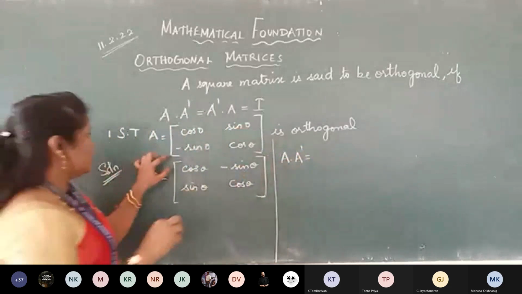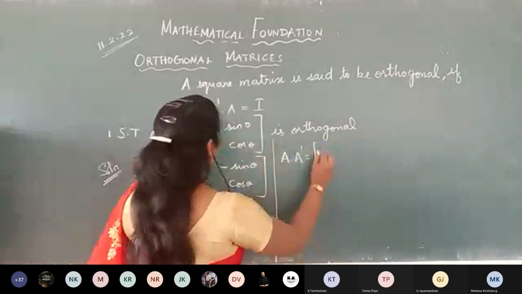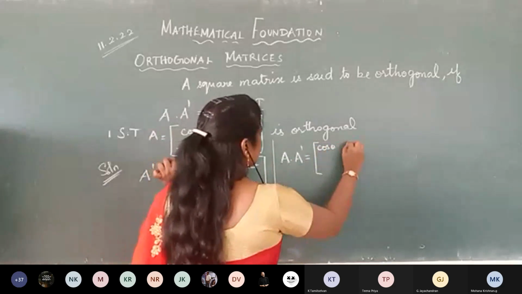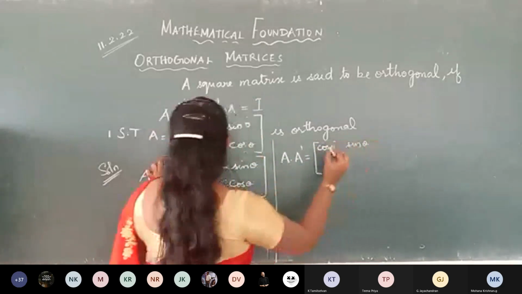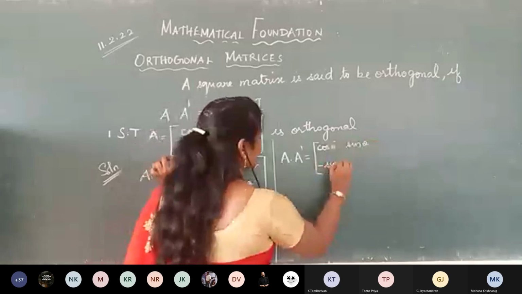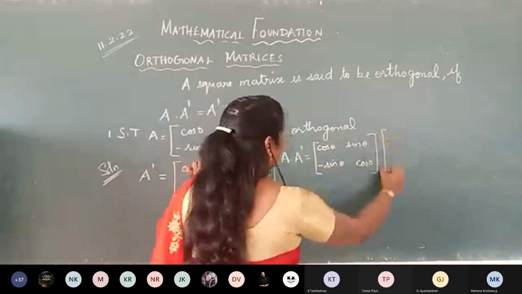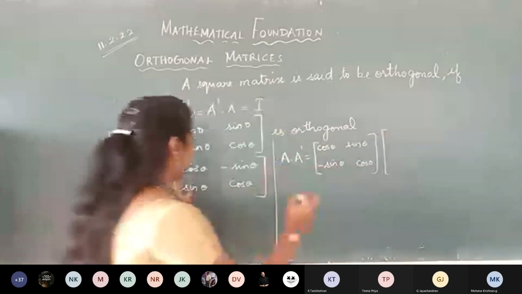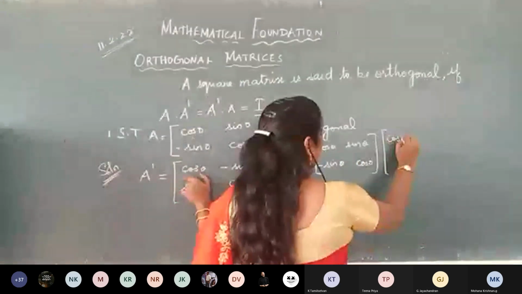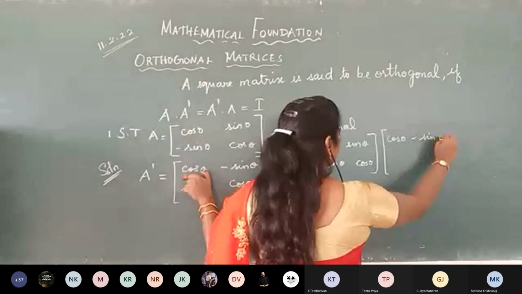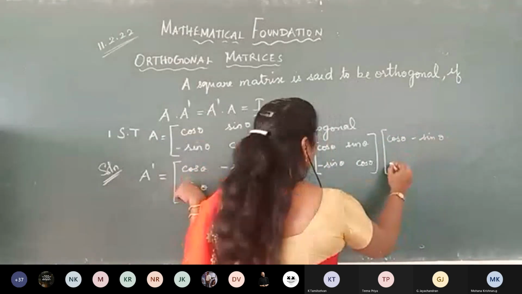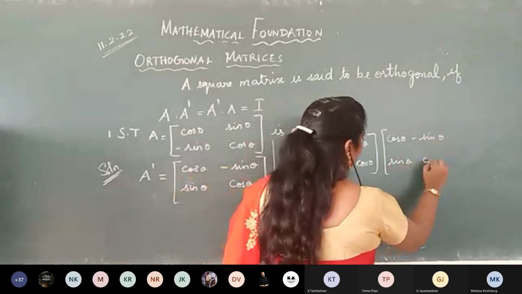So that is equal to your A matrix, cos theta sin theta, minus sin theta cos theta, into your A complement, cos theta minus sin theta, sin theta cos theta.